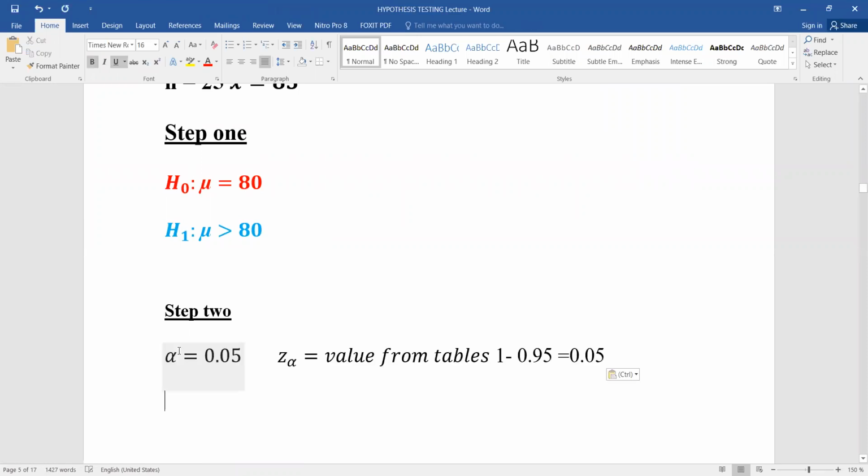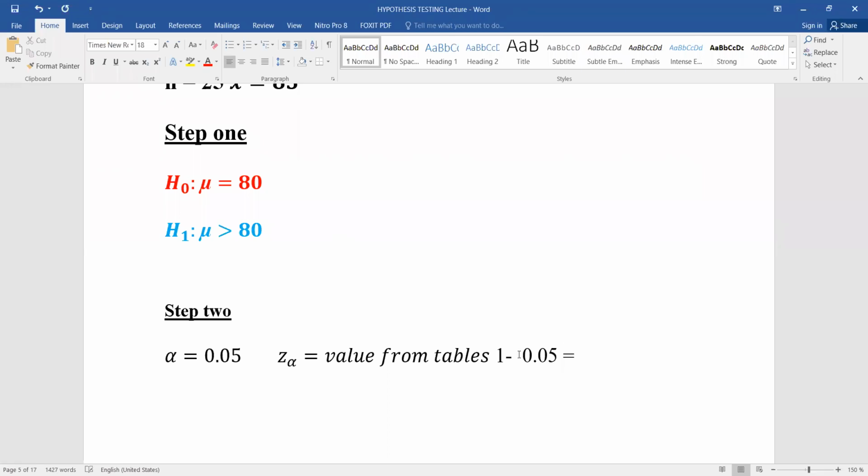So alpha is equal to 0.05. Now, given the nature of the tables we are using to read off that value, we need to subtract: 1 minus 0.05.